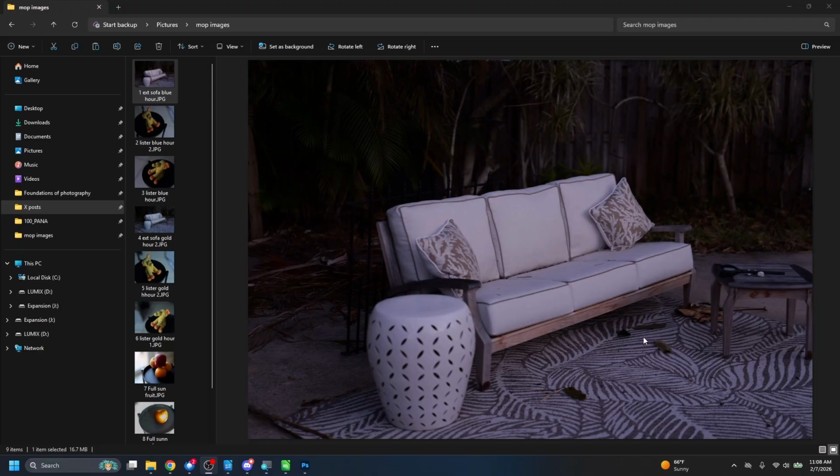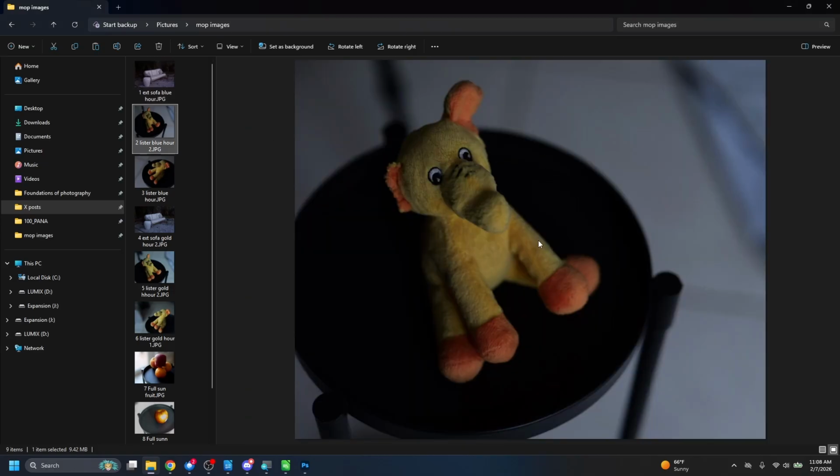And now we're going to move on to Mr. Lister, who was also shot during the blue hour. He looks kind of surprised here.